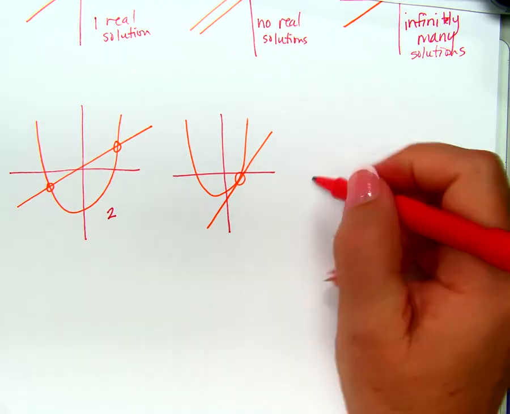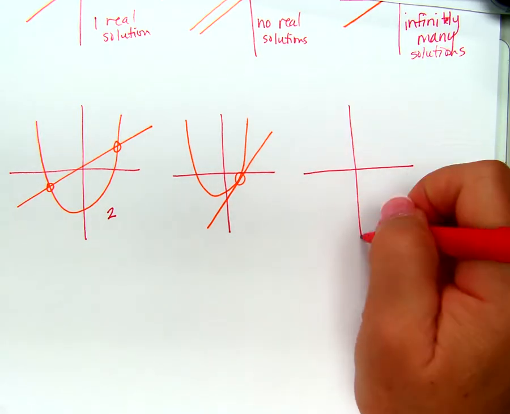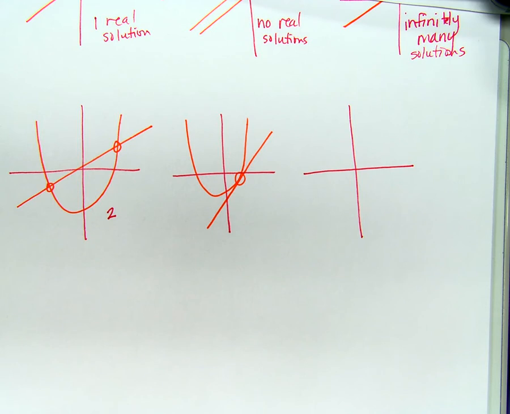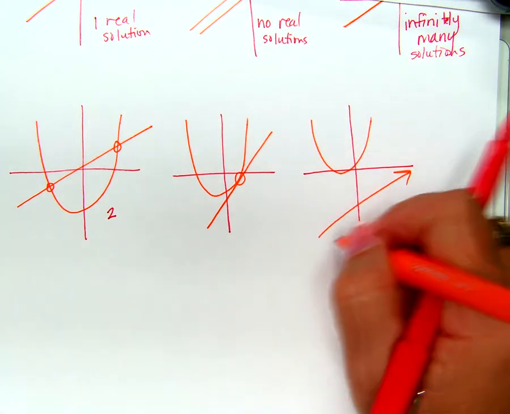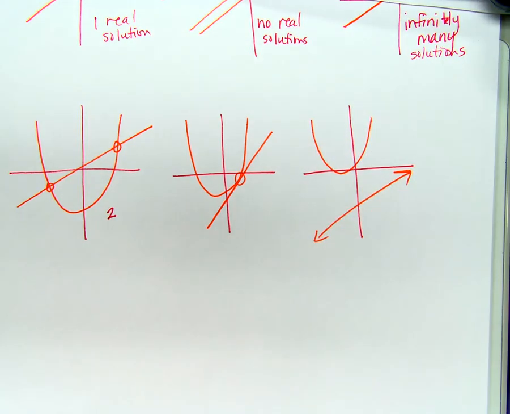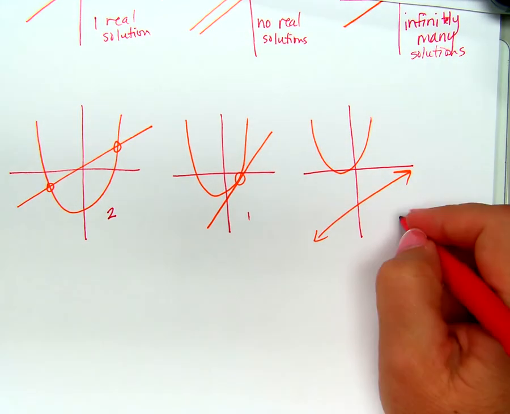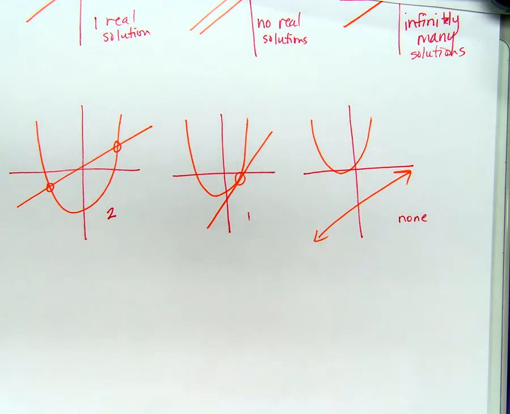Okay? Is it possible to have no solutions? Yes. What would that look like? It's not touching. So the parabola might be up here and the line's down here. Right? So that one has one and that one has none. Is it possible to have 3 solutions?